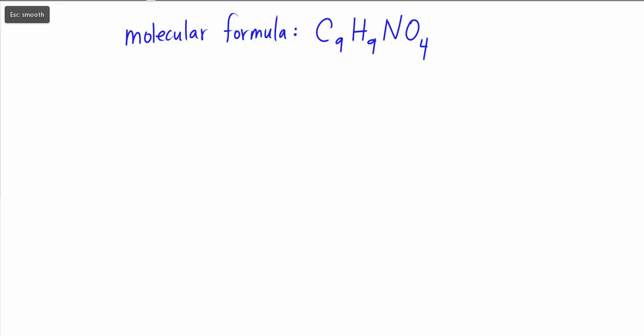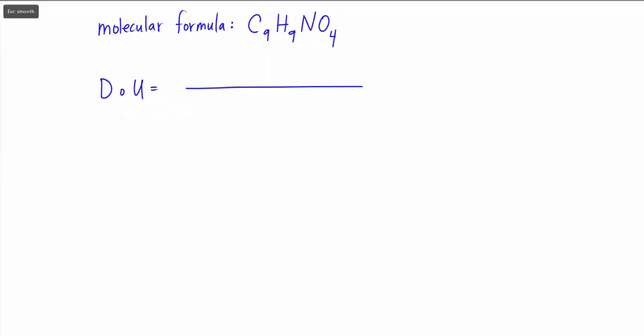So our degree of unsaturation formula is going to be 2 times the number of carbons plus 2 plus the number of nitrogens minus the number of hydrogens, and minus the number of halogens, all divided by 2.